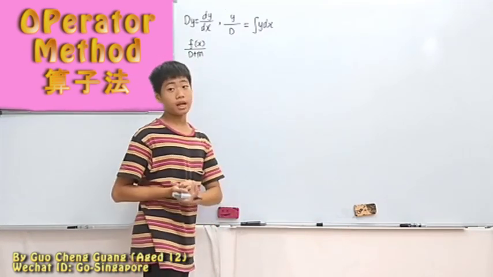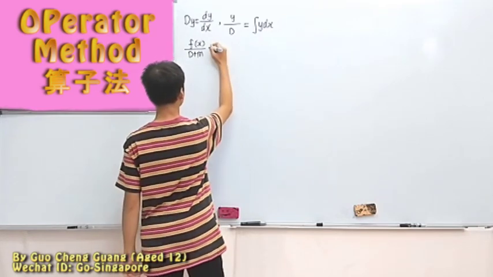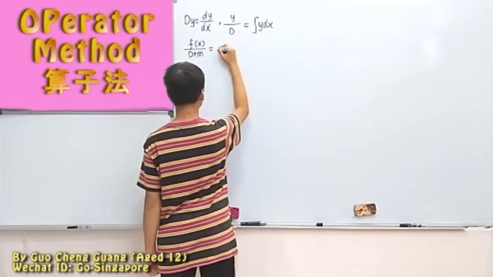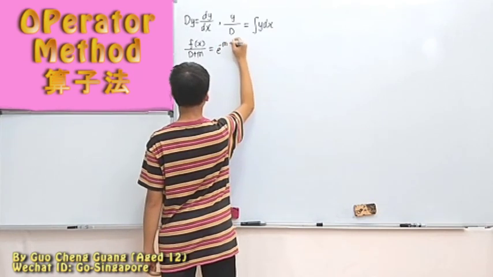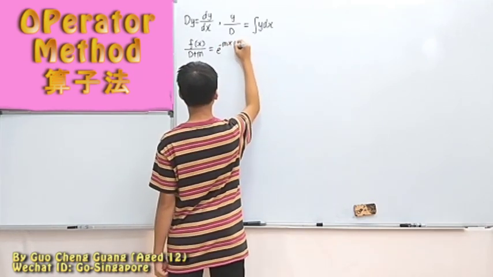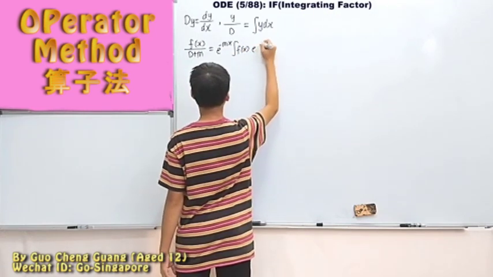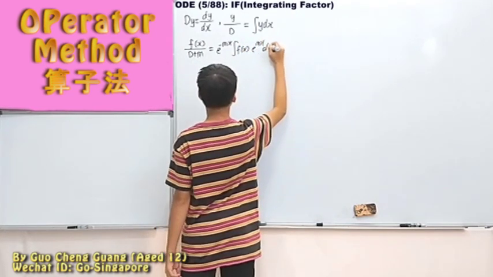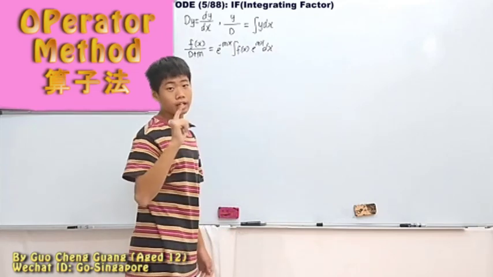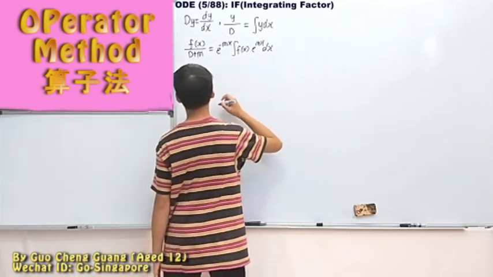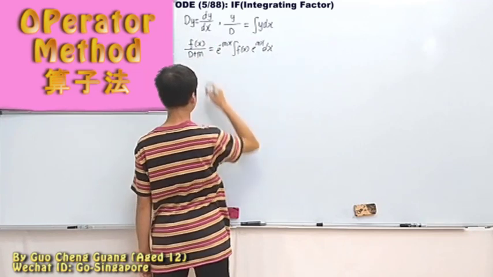We had something like this, and then you're saying that it is equal to e to the power of negative mx, then you integrate f(x) e to the power of mx dx, right? Oh wait, can we prove this over here? So in this part, we need to prove this thing.